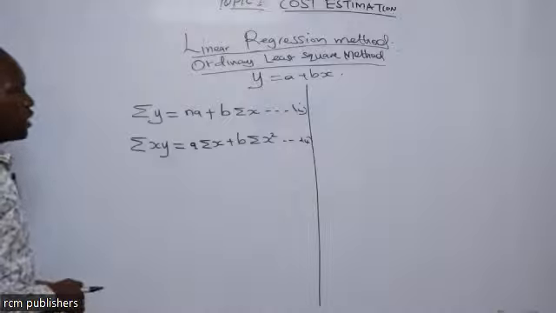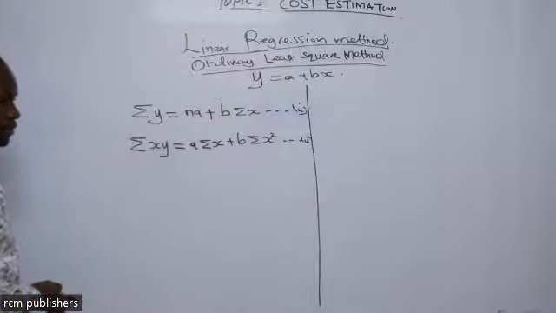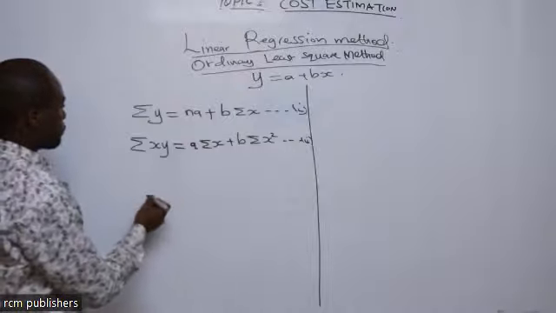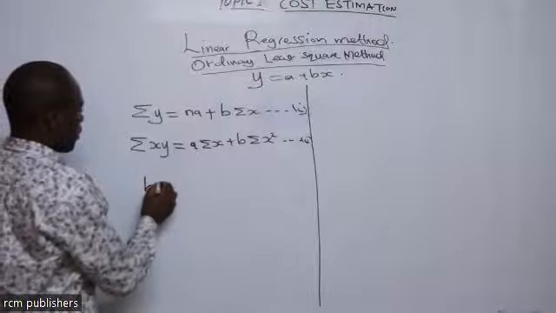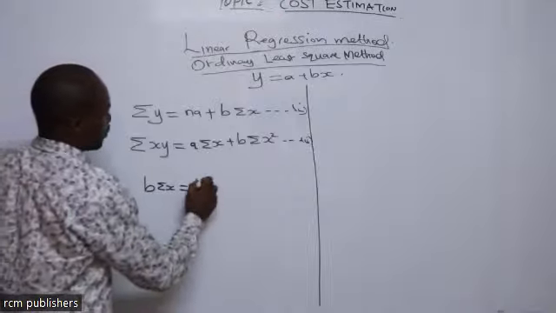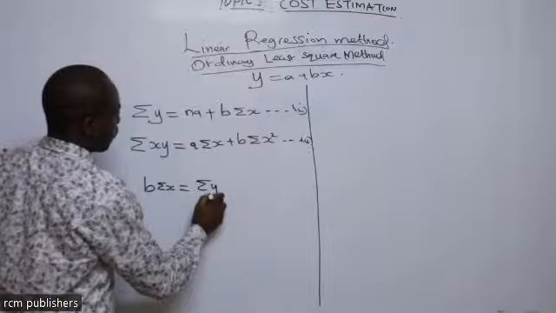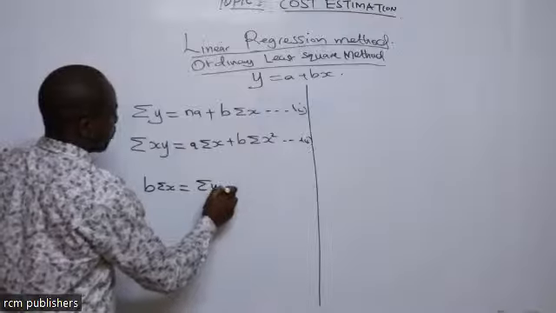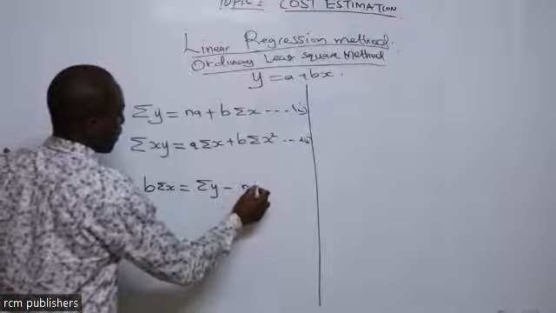So let's make B the subject of the formula in both cases. So our B, here we are going to say B summation of X is equal to summation of Y minus NA.